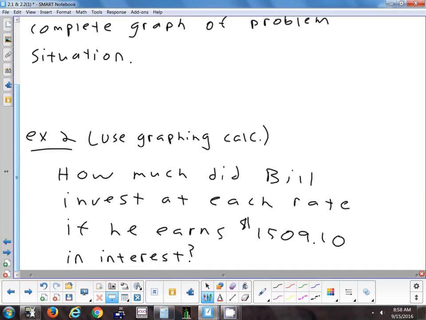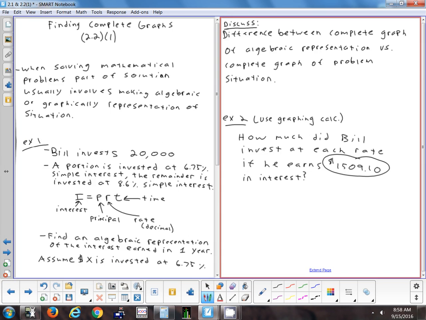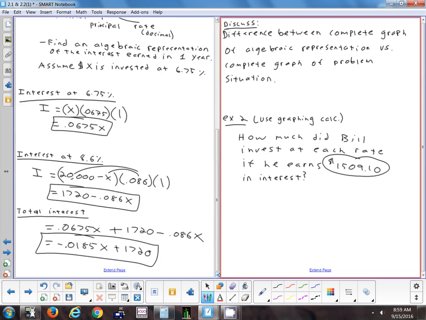So I want to know how much Bill invested in each type of account if he ended up earning this much interest. Thoughts on how I'm going to figure that out?